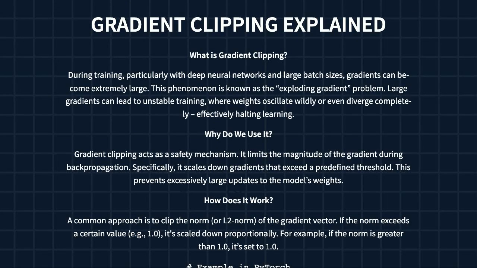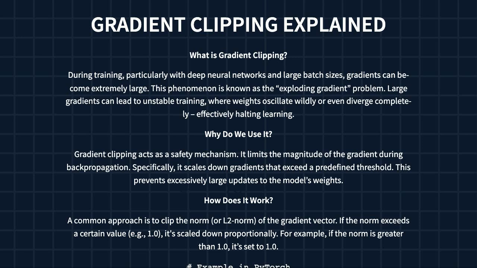Okay, let's talk about gradient clipping, a really important technique for stable training in PyTorch, especially when you're working with larger models or bigger batches. Basically, during backpropagation, the gradients, which tell your model how to adjust its weights, can sometimes get really big, like astronomically huge. This is called the exploding gradient problem. It causes instability.